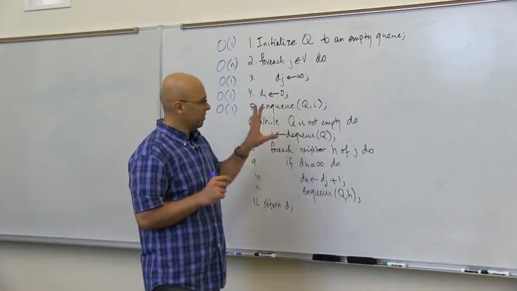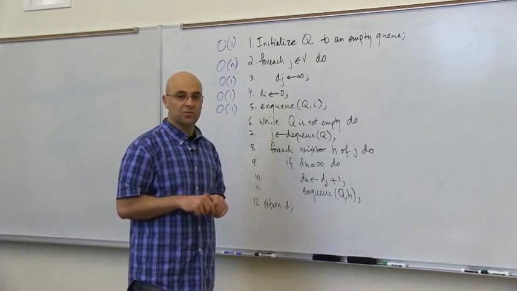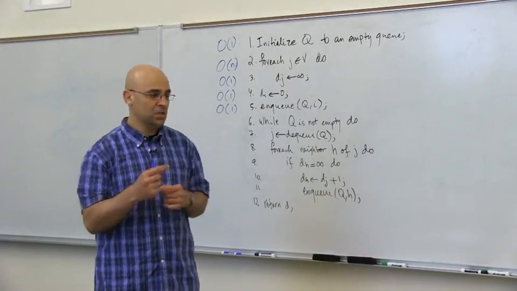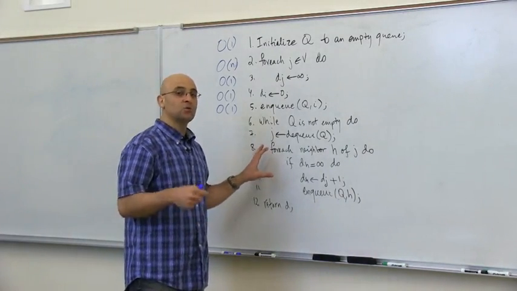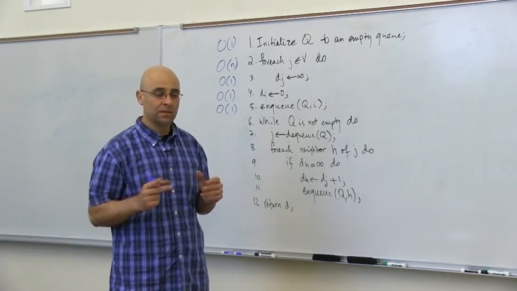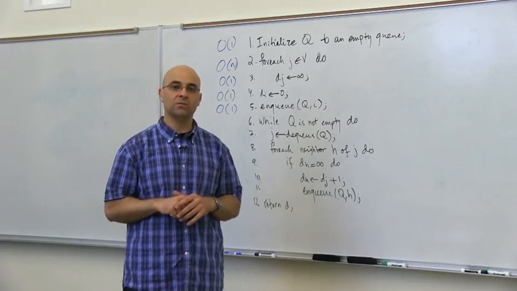So if you think about the algorithm carefully, every node is going to be added to the queue. Remember, I made the assumption that the graph is connected, and this is where that assumption comes into play and allows me to make that statement that every node is going to be added once to the queue. Because remember, if the graph is not connected, some nodes are not going to be added to the queue.